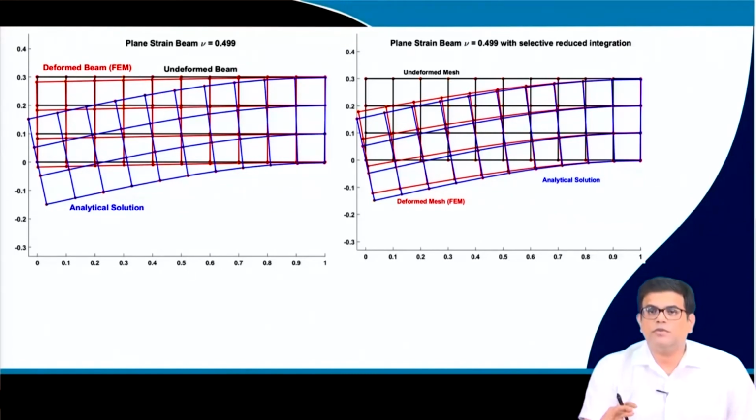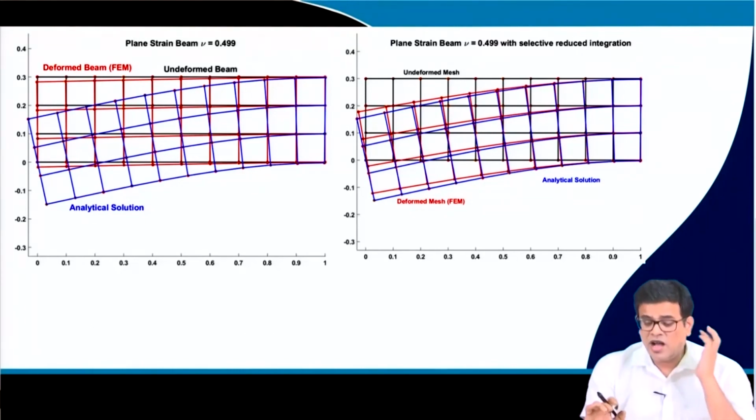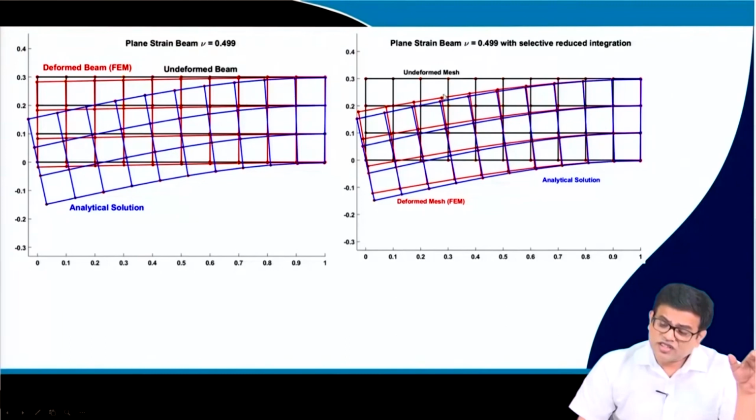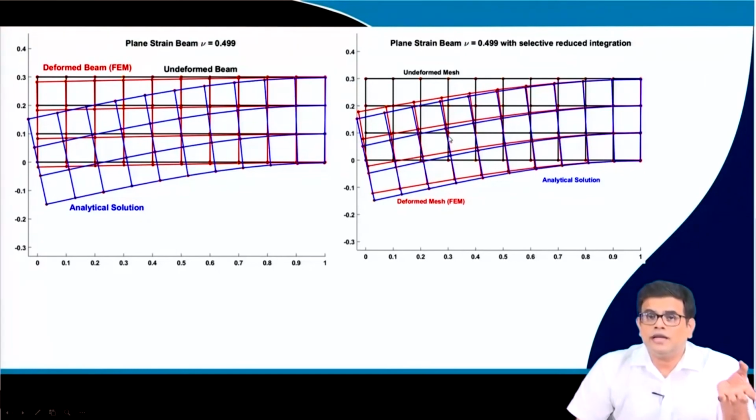It may not yet be acceptable, but after mesh refinement and other things we can get a better result. Here we have just kept the mesh constant, so that the mesh effect doesn't come into our solution. With selective integration, the result is closer to the analytical solution.